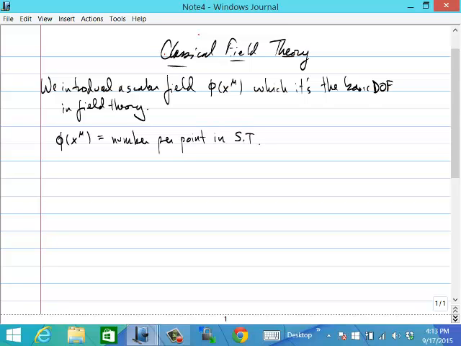And if you want to think of a sort of simple dynamical model of a classical scalar field, you think of this model that I introduced last time of a bunch of balls on springs going on forever. And you think of, say, the vertical displacement of the ball from its equilibrium position as the value of the scalar field at the point x.